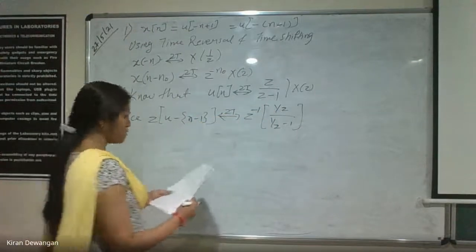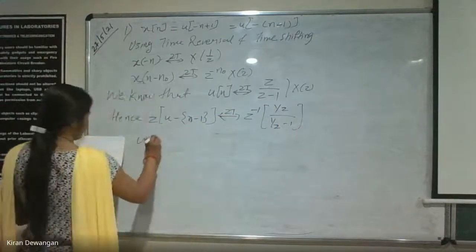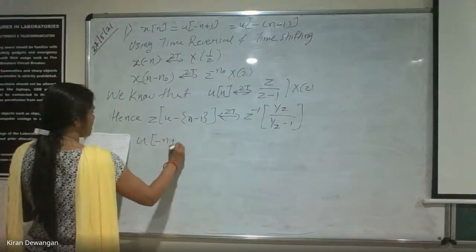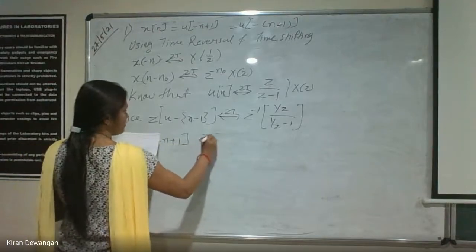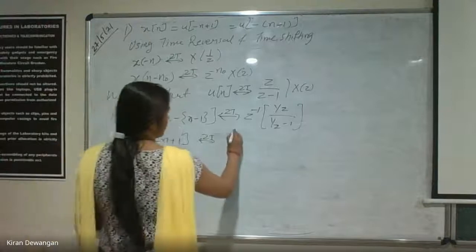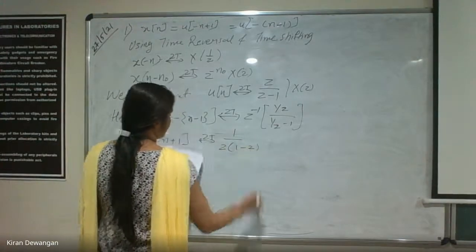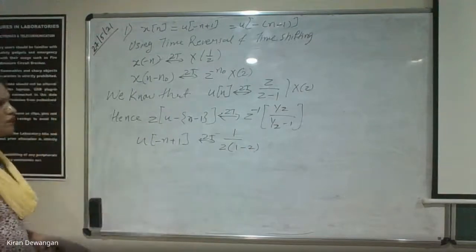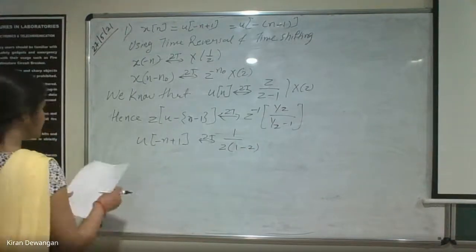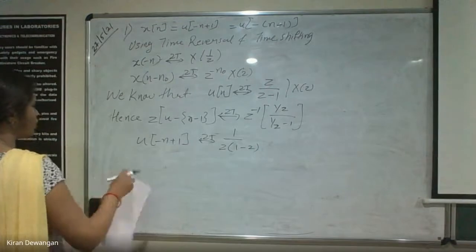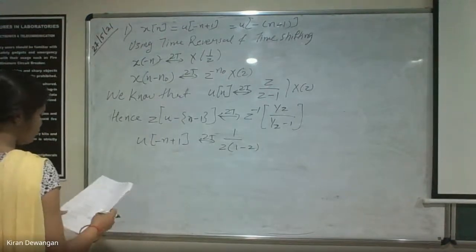Now if I solve this one, u of minus n plus 1 will have z transform 1 by z into 1 minus z. ठीक है. So after solving this, you can easily obtain it. Now this is how we make use of the properties to solve both.